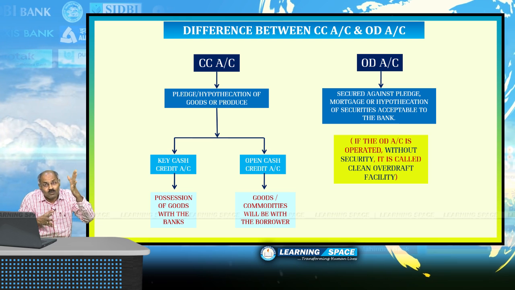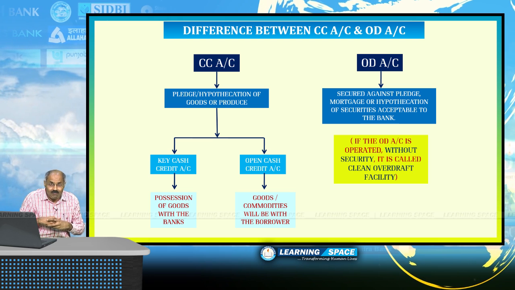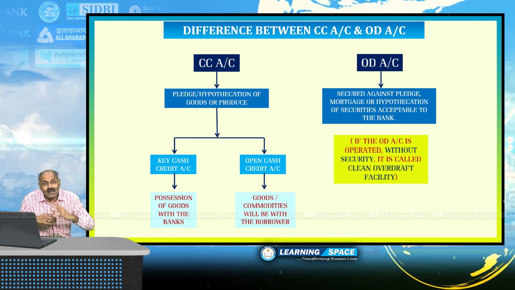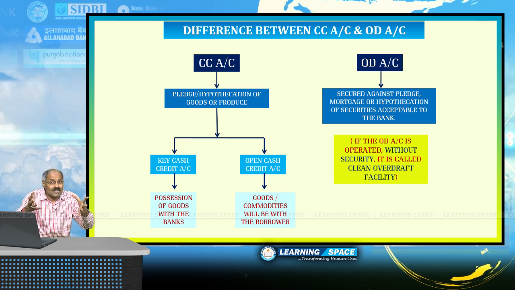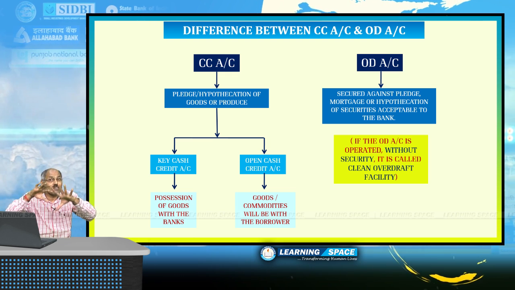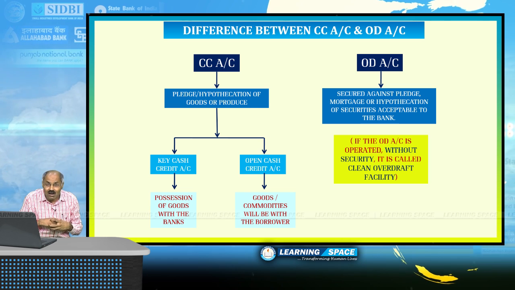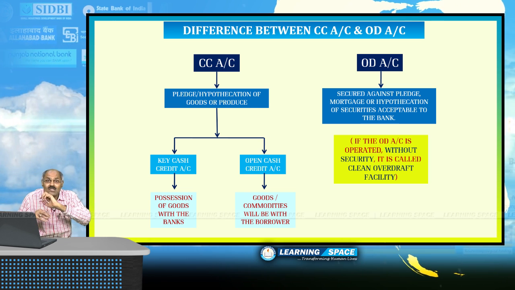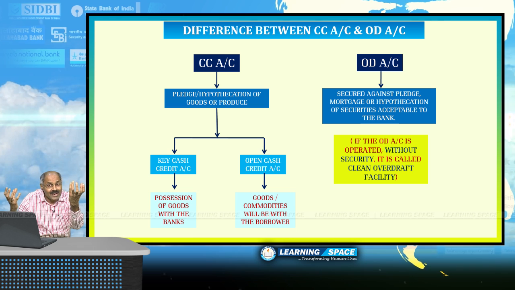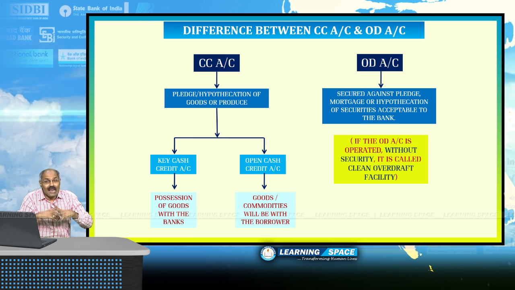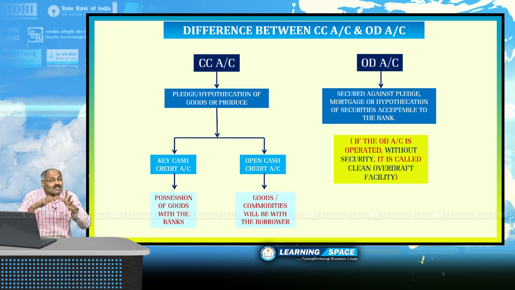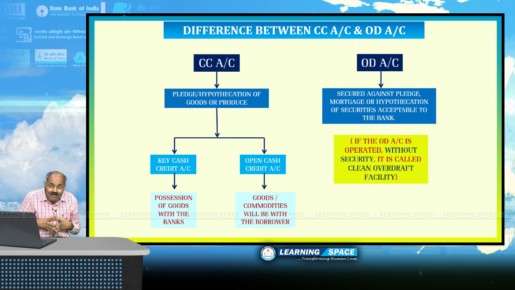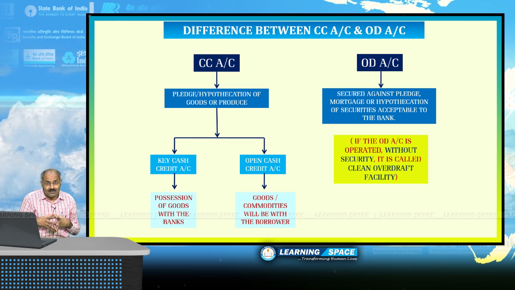Then when it comes to overdraft, sometimes overdraft is allowed without collateral security also. It depends on the relation of the customer with the bank. When the overdraft facility is allowed without collateral security, that is called clean overdraft facility, right?